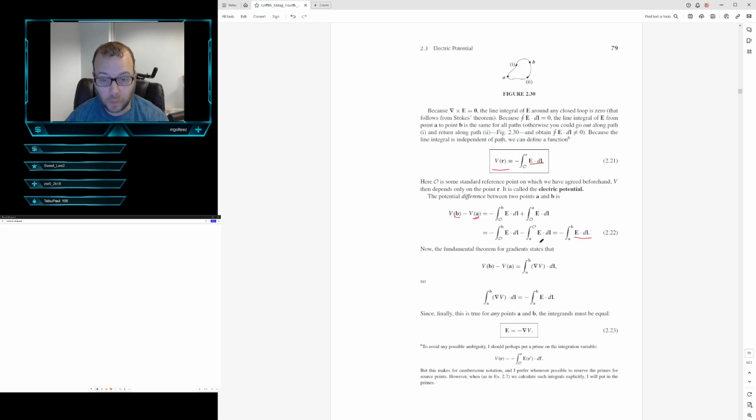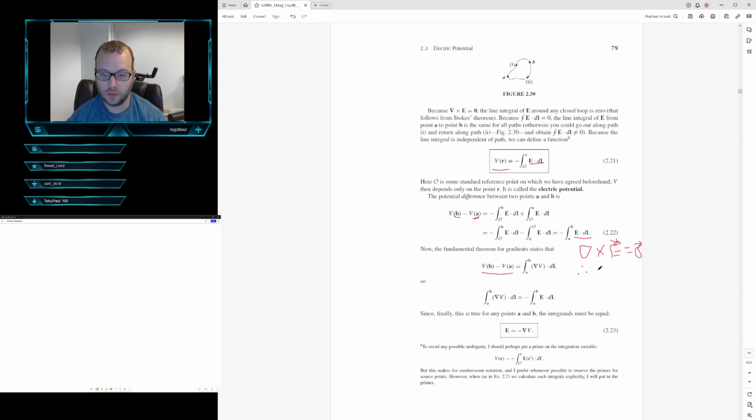Now, we saw this back in chapter 1. The fundamental theorem of gradients states that this difference can be written as a gradient, because the curl of E is 0, and that is the very important thing. So del cross E equals 0.